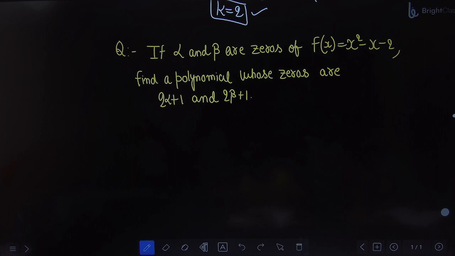This and this. These two are your roots, right? Add them.